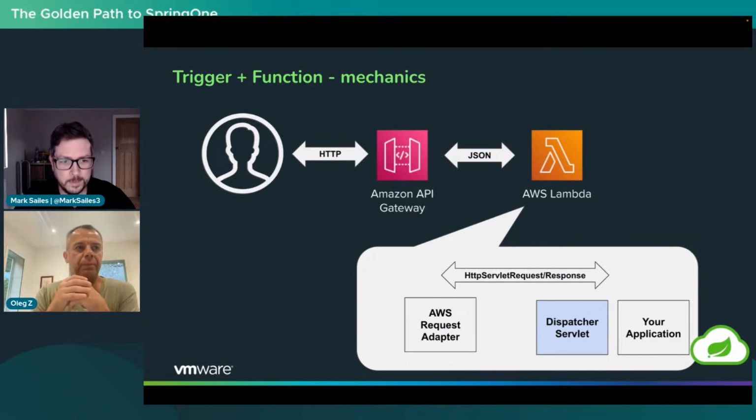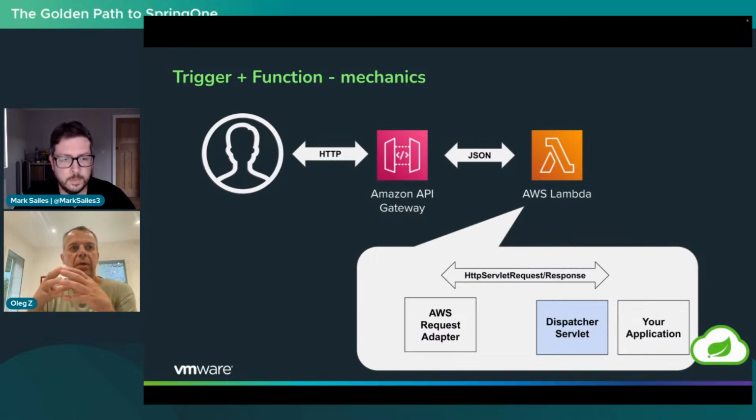The result of this collaboration effort is that in milestone 2 of AWS Serverless Java Container, we have added native Spring Cloud Function support, where we provided an implementation of a handler which uses AWS libraries to convert the JSON request to an HTTP servlet request, and then it falls back into the code provided by Spring Cloud Function to do the interaction with the Spring MVC stack. And that interaction is done via the dispatcher servlet.